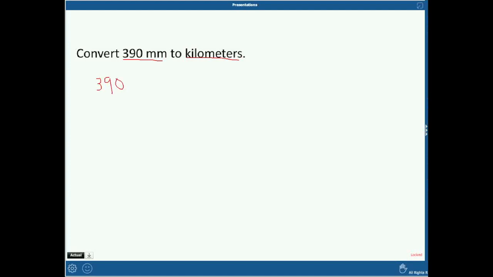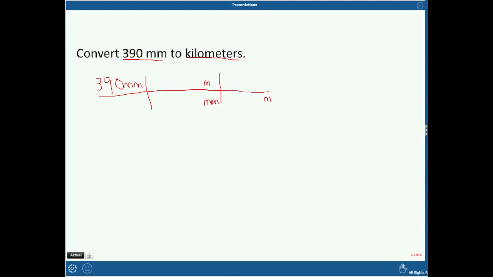So then I'll write 390 millimeters. And I'm going to do the same thing here. Since I'm going from something really, really small to something really, really big, I'm going to go meters in the middle. And again, the reason I like to do that is because I feel like people make fewer mistakes that way. Because it's easier to remember how many millimeters are in a meter than how many millimeters are in a kilometer.